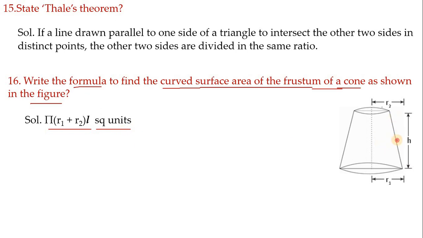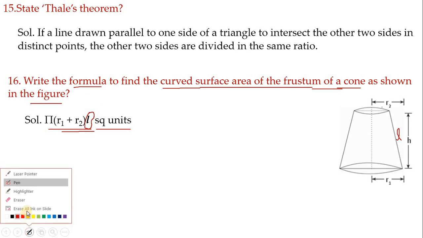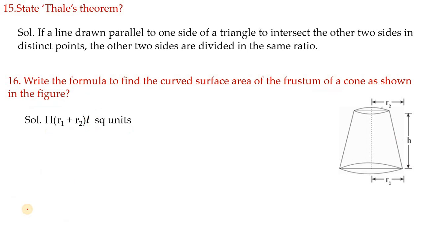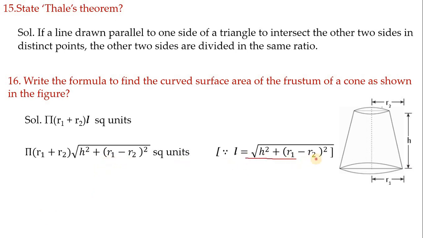The slant height is not given as L. So after writing this formula, in the place of L you have to write the formula for finding L, that is root over h square plus r1 minus r2 whole square. See, pi r1 plus r2 you write as it is. In the place of L you write this formula, and you must also write the units, that is square units. Very important, children. Don't forget that.